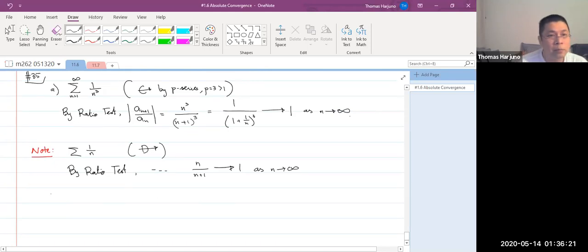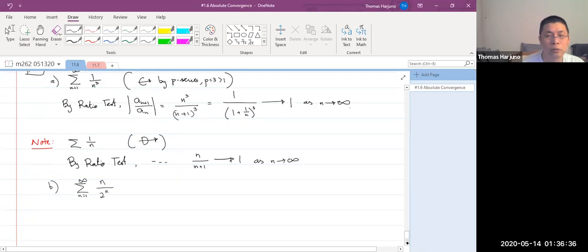Okay, let's see part B. The series from n equals 1 to infinity of n over 2 to the n. This one is convergent, even by ratio test. But why?